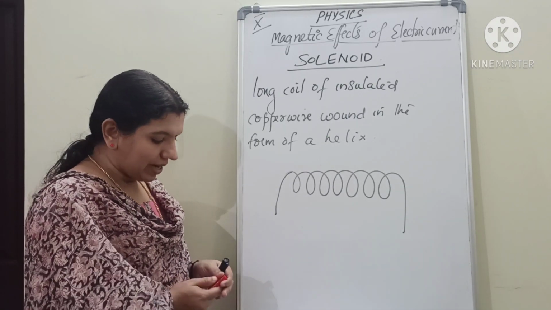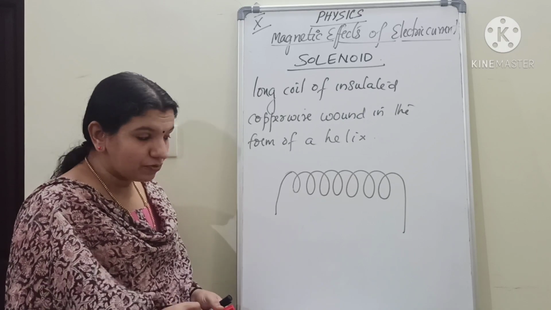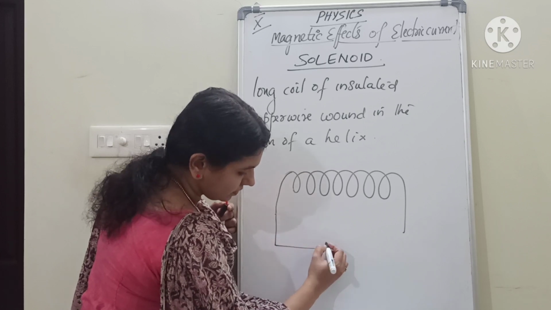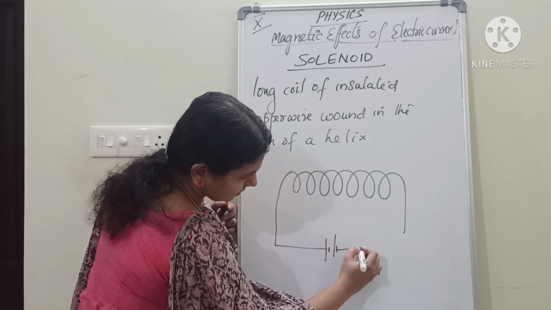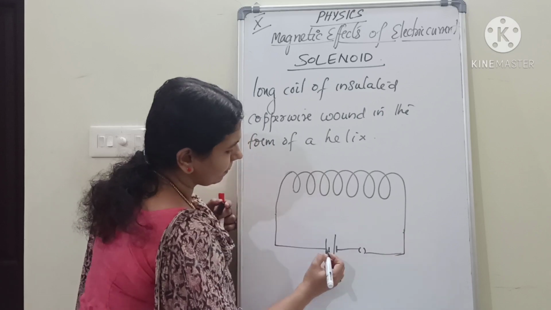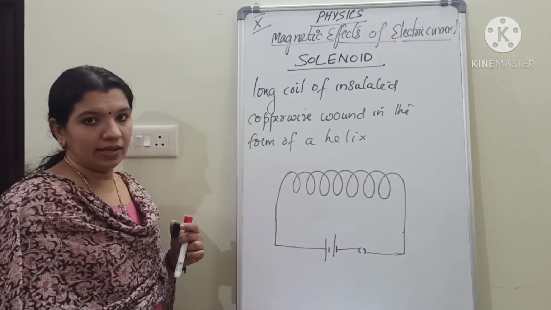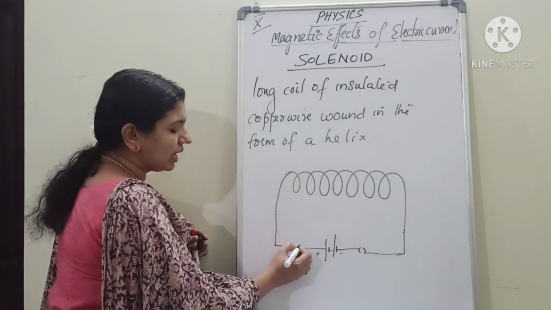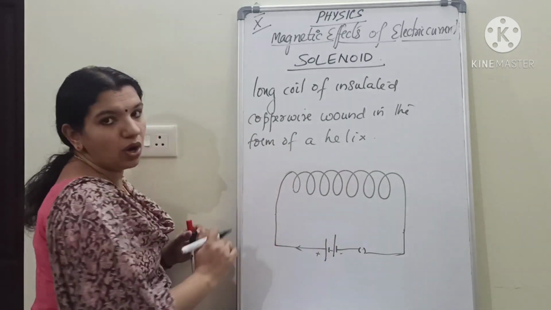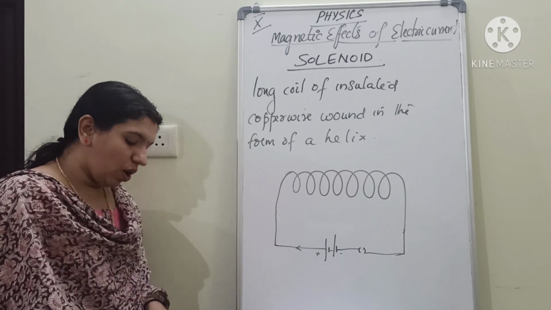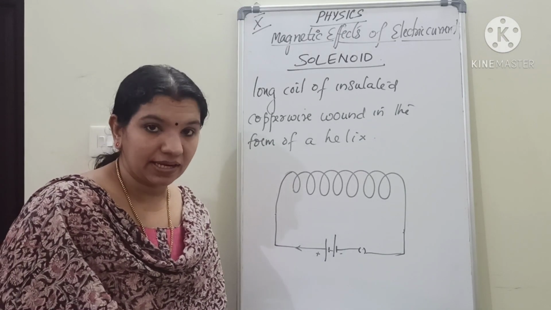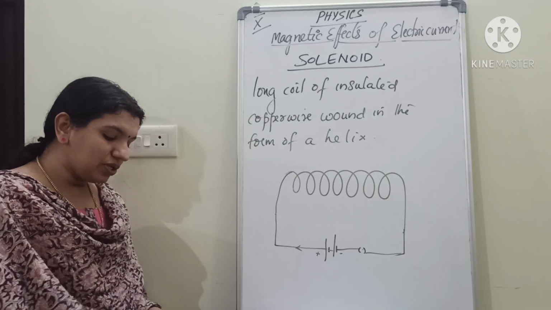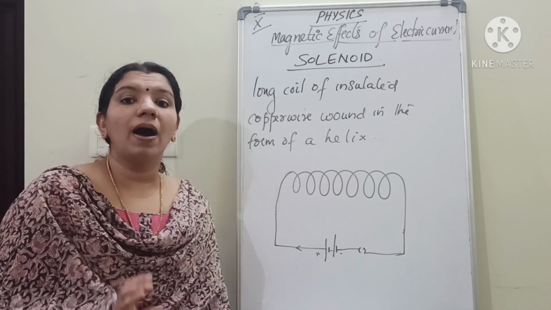So I am connecting this solenoid to the ends of a battery, in this way I can connect. So this is the positive and this is the negative terminal. Now the current starts to flow through the solenoid. At that time, the solenoid will behave like a magnet.